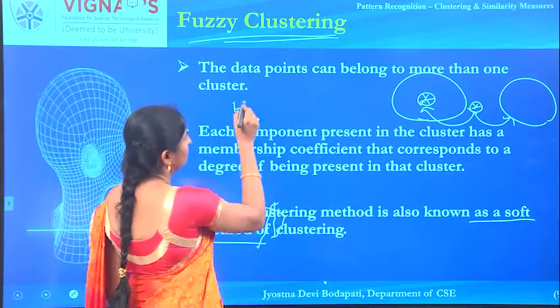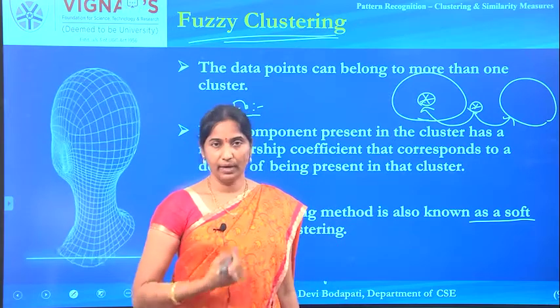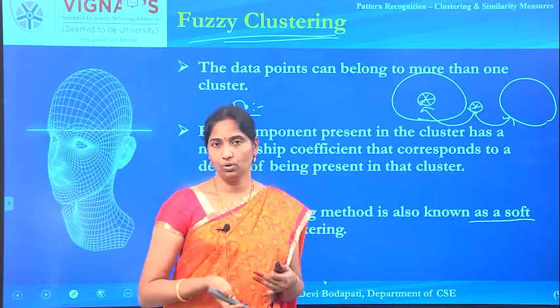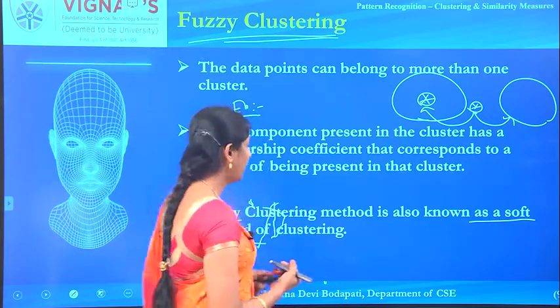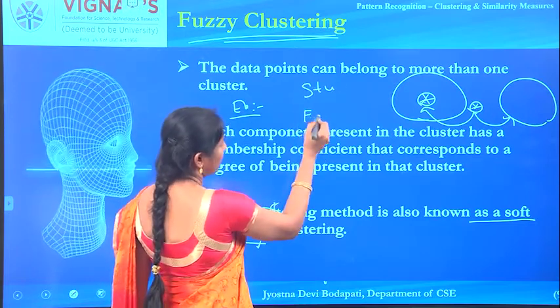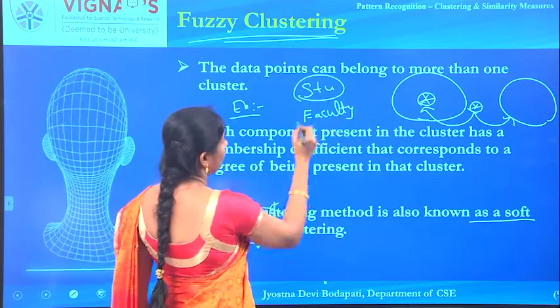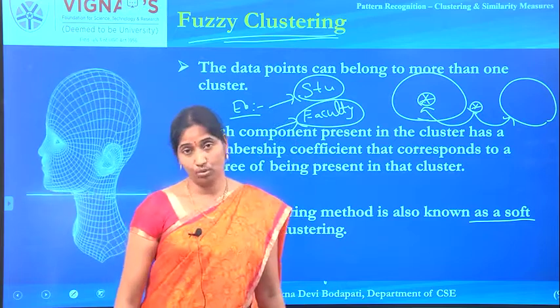For example, I am a teacher, my profession is a teacher, and I am also pursuing a PhD, so I can be treated as a student also. In that case, I can be assigned to the student group and also the faculty group. With the faculty group I can be given some association, and to the student group also I can be given some association.